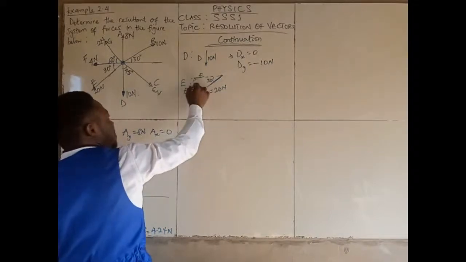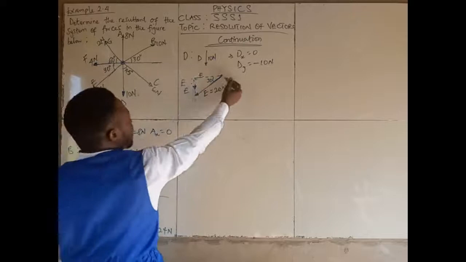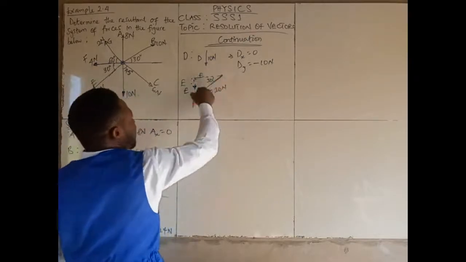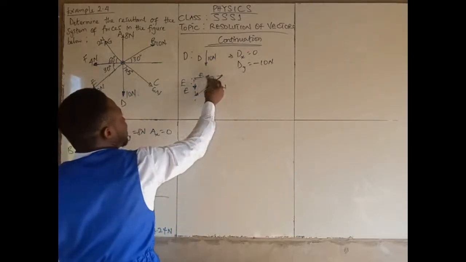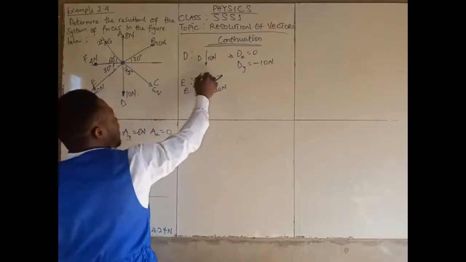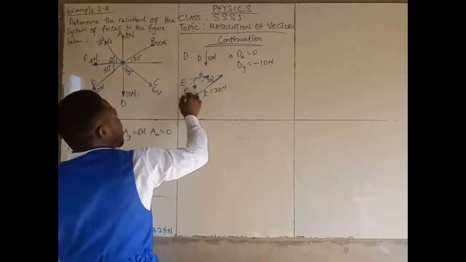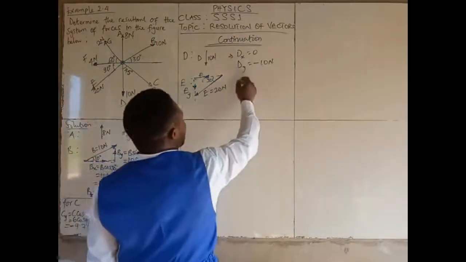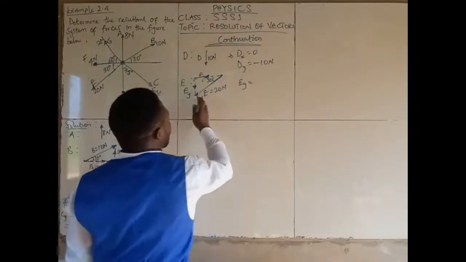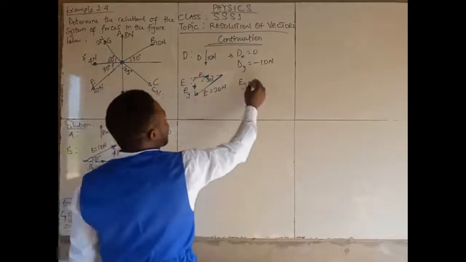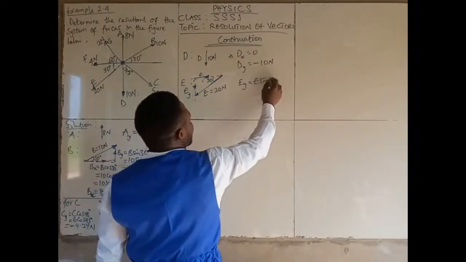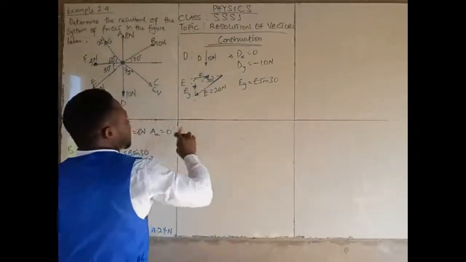downward. This is downward, you see, it's coming down. Why is it coming down? Because it has to start from here and come down, and that's why this one is also moving in this direction. So this is our EY, this is our EX. How do we get our EY? EY is equal to, this is opposite, and that is why we have E sine 30, opposite to the sine.